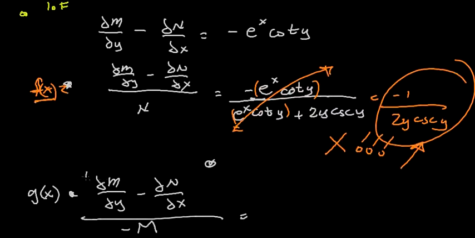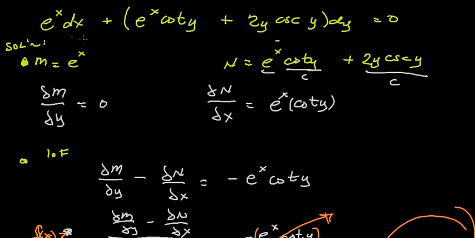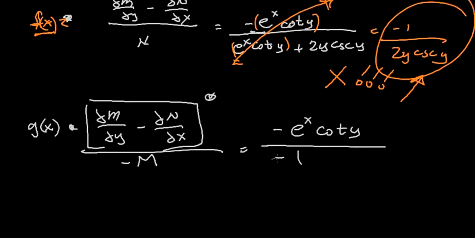Okay, so this part here we already computed, which is negative e to the x cotangent y, all over negative our M, which is e to the x. Okay, so simply you can now cancel e to the x, e to the x.